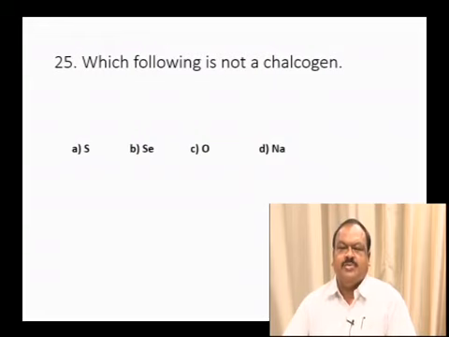Among these, sulfur belongs to oxygen family, selenium belongs to oxygen family, oxygen also belongs to the same family, sodium belongs to first group of the periodic table called S block elements, that is alkali metals. So this is not a chalcogen. So suitable answer is D.